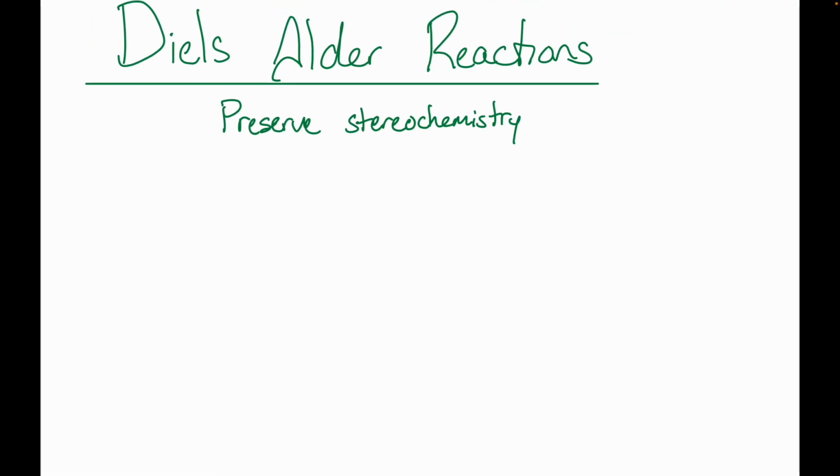Let's do another example here. We'll do our diene. And now I'm going to react it with an alkene, but an alkene with a specific stereochemistry. So I have these two chloro groups that are pointed on the same side.